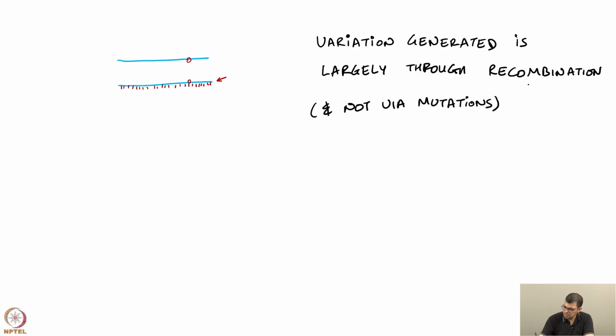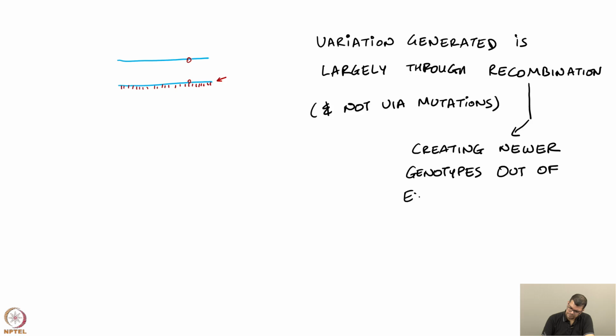Of course, what recombination is doing is that it is creating newer genotypes out of existing mutations in the population pool that exist.